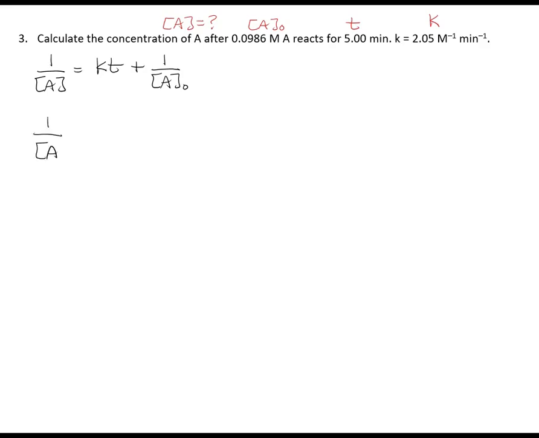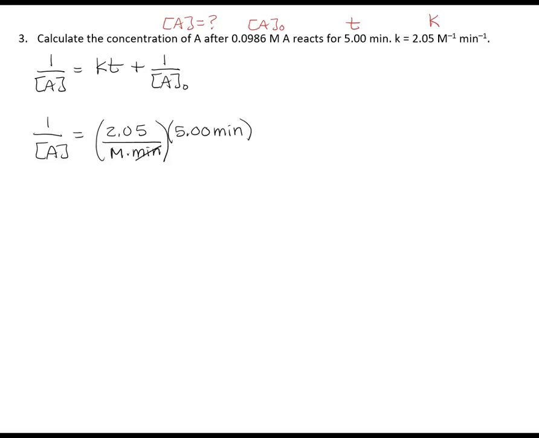So we have 1 over A equals K, which is 2.05 inverse molarity inverse minutes, so those will go in the denominator, times T, 5 minutes, 5.00.